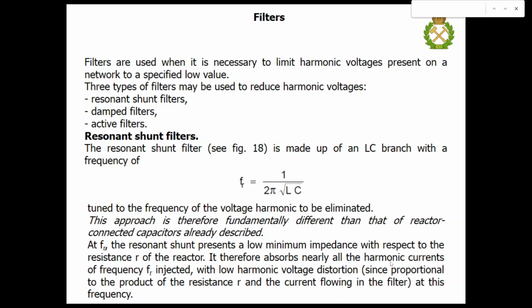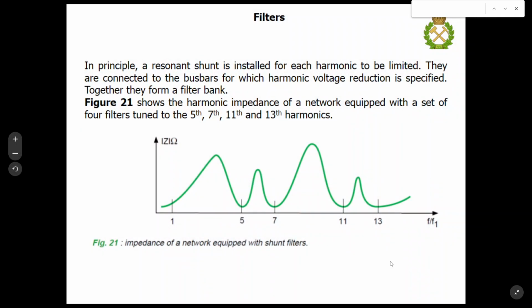Also, we should take into account damped filters and also active filters. And when we have several such filters which are tuned to eliminate certain harmonics, for example, 5th, 7th, 11th, and 30th harmonics, we have a group of filters. Each filter is tuned to one harmonic.